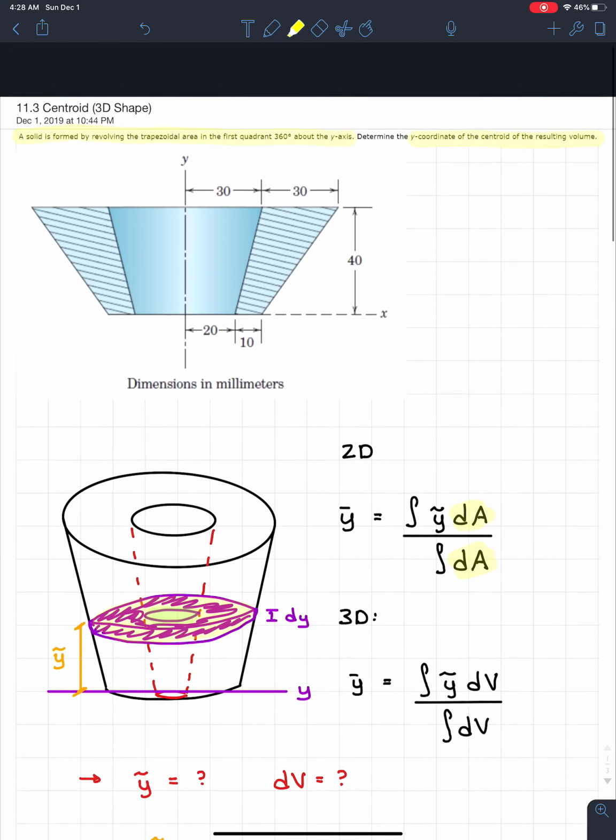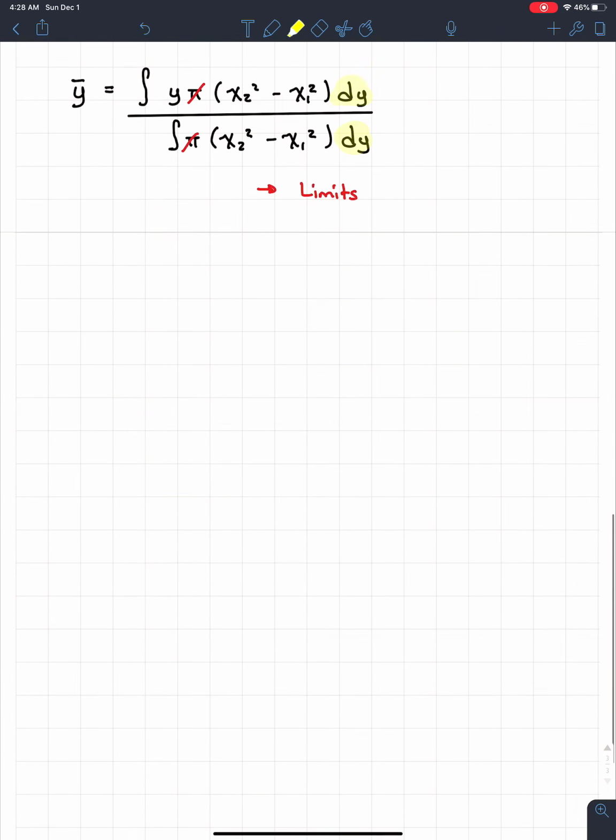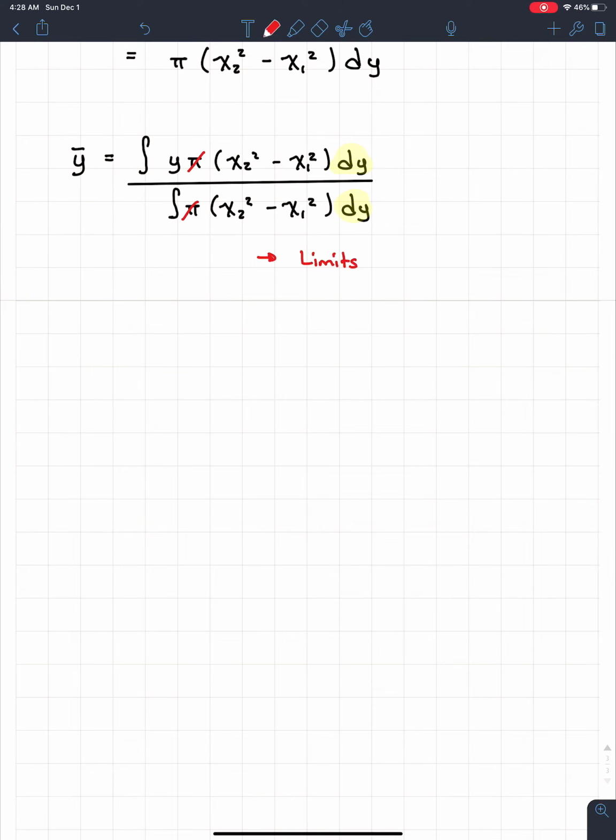Looking at the picture above, our limits are y equals 0 to y equals 40. That was one of the easier ones.